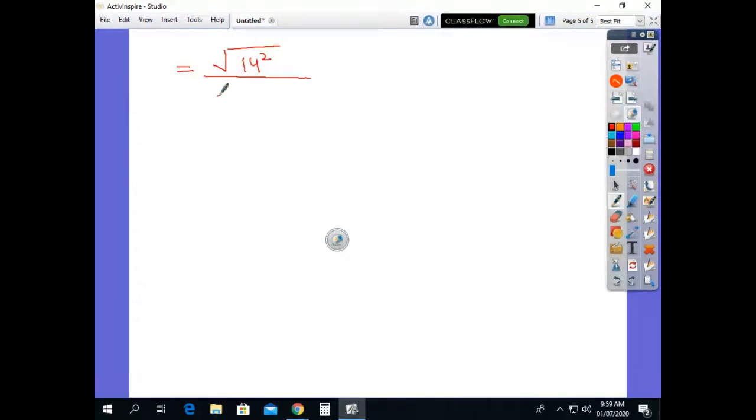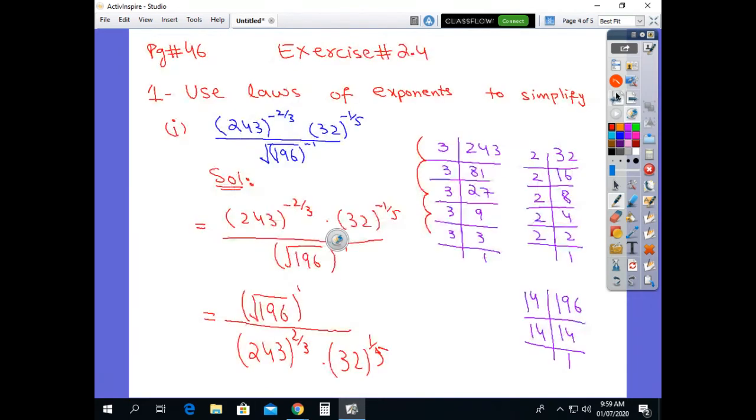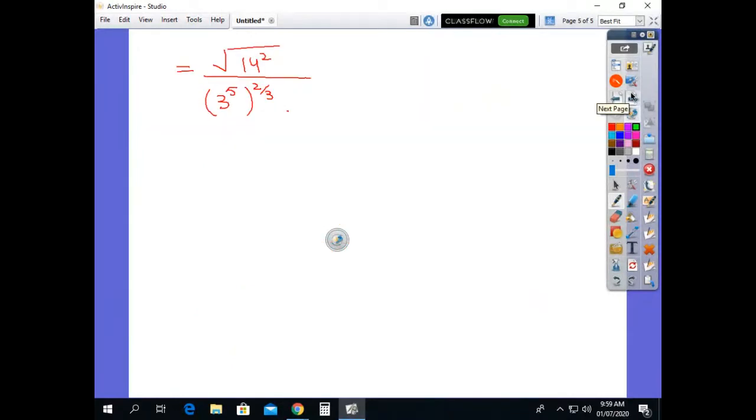We write here 3 raised to power 5, whole power 2 by 3. Similarly, if we multiply 2 five times, then it becomes 32. Therefore, we write 32 as 2 raised to power 5 and whole power is 1 by 5.